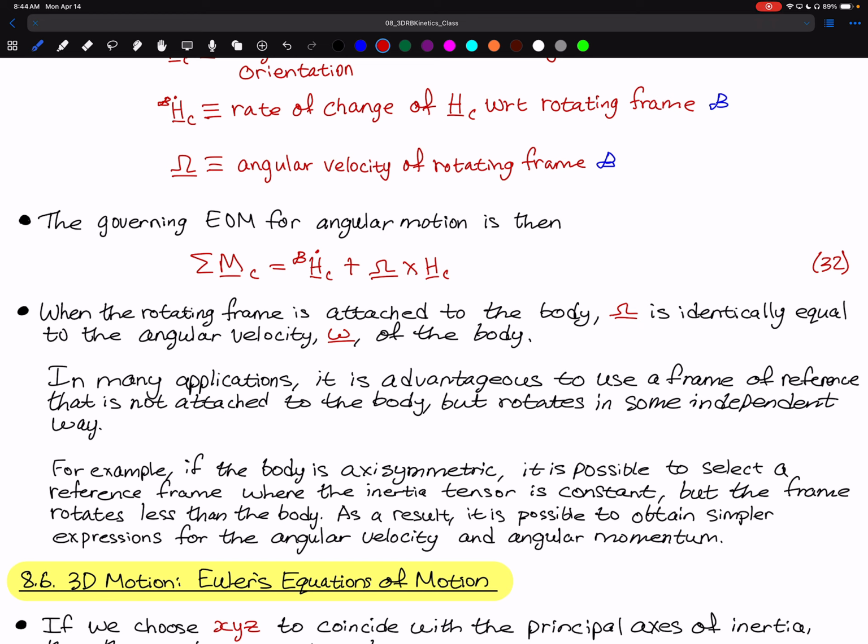And in many applications, we will probably want to use a frame of reference that's not attached to the body, and then that frame rotates in some independent way. In that case, this is where you end up with this capital omega. Just as an example, if the body's axisymmetric, then you can select a different reference frame where the inertia tensor is constant, but the frame actually rotates less than the body itself, which simplifies this analysis.